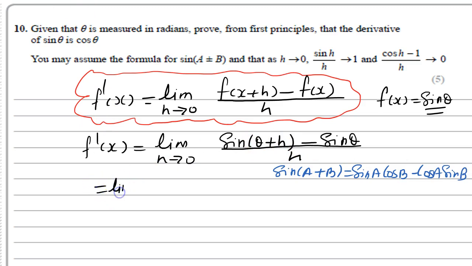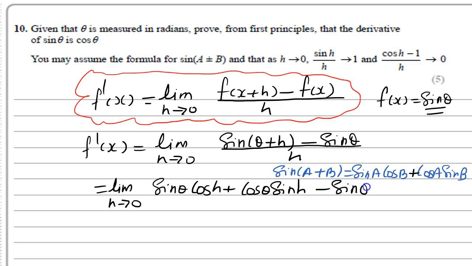So let's write down limit h tending to 0, sine theta cos h plus, sorry, plus sign, cos theta sin h, and this minus sine theta, divided by h here. So if you take sine theta cos h and minus sine theta into consideration, you can see sine theta we can take common.